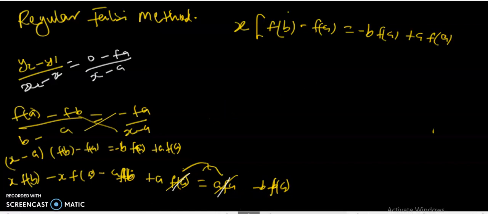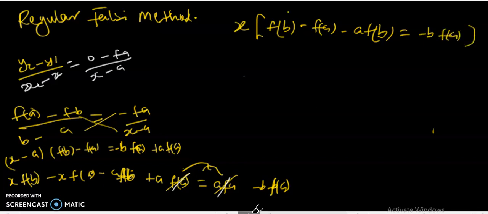Sorry, so from here what we have is if we open that bracket, we simply have x f of b minus f of a minus a f of b, and this will be equals to negative b f of a.